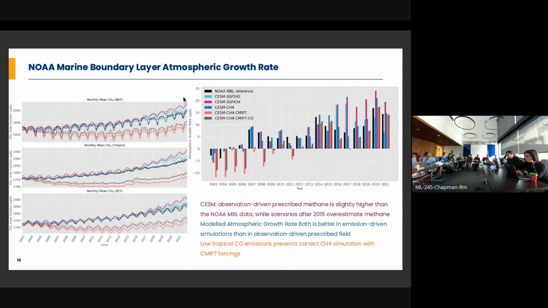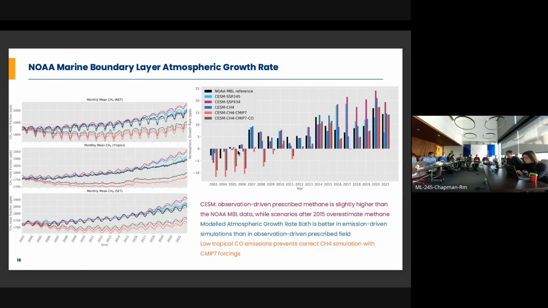You can see that the SSPs are overestimating the methane values, while the CSM methane is reproducing the NOAA observations very well for all the different parts of the globe, while the use of CMIP7 forcings led to an underestimation of methane despite using exactly the same emissions for methane.